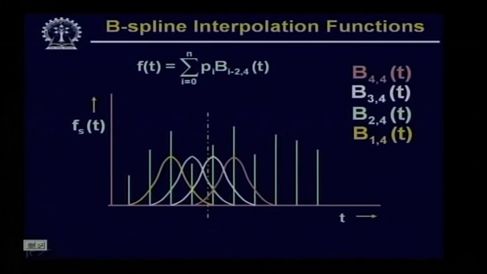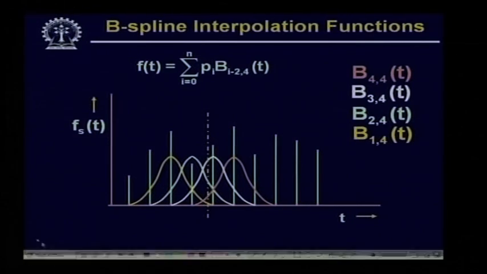And here it gives that if I want to interpolate this function at this particular point, the weight given by this particular function sample is only this much, the weight given by this particular sample is this much, the weight given by this particular sample is this much, and this sample is weighted by this much.